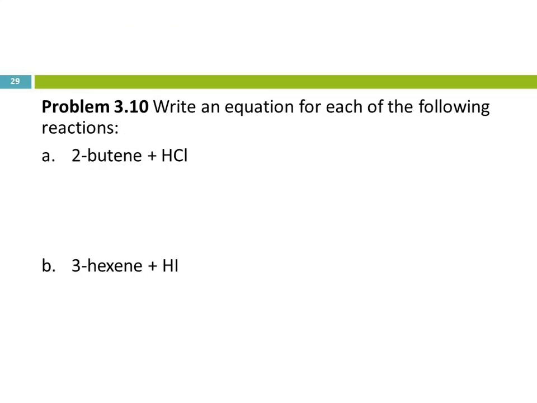So write an equation for each of the following reactions. 2-butene plus HCl. So butene is pickled bananas. Mom eats pickled bananas, 4 carbons. So carbon, double bond in the middle, plus HCl.